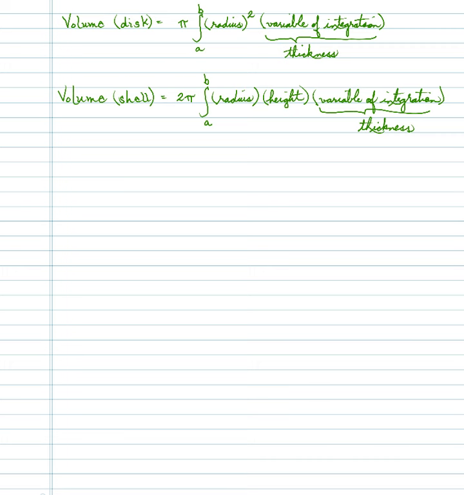Now, one of the examples that I went through before was finding the volume for the function x squared from 0 to 2 rotated around the x-axis. In the session, I couldn't figure out what the error was, so now I'm going to correct that.